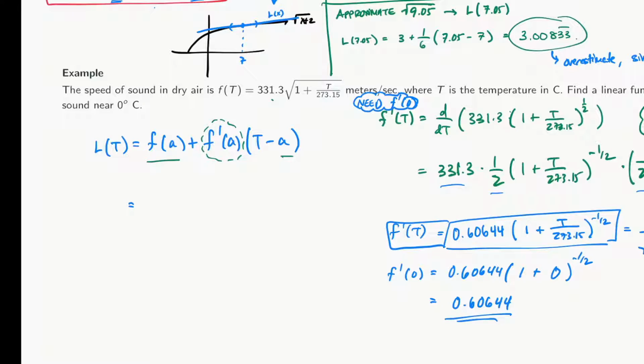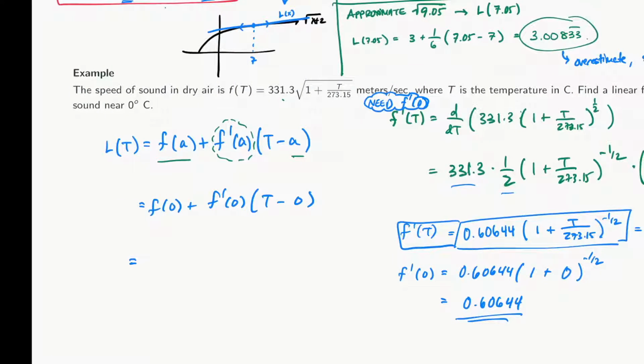Now we need f of 0. Plug this on in, to be just super clear for these first examples. And so f of 0 we know is going to be just 331.3 plus f prime is 0.60644 times t minus 0, so that's just t. So this is our linearization of t.